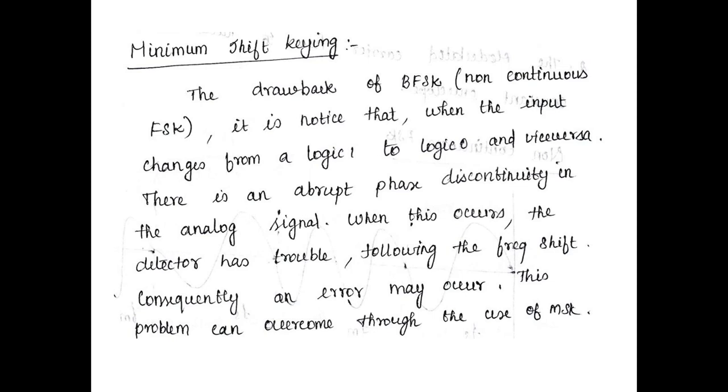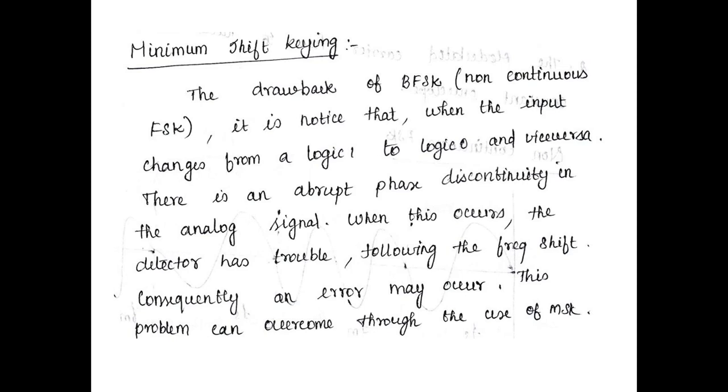We already discussed binary frequency shift keying, which is also known as non-continuous FSK. In it, there are two frequencies: one for logic 1 and one for logic 0. It is noticed that when the input changes from logic 1 to logic 0 or vice versa in frequency shift keying, there is an abrupt phase discontinuity in the analog signal which is actually transmitted.